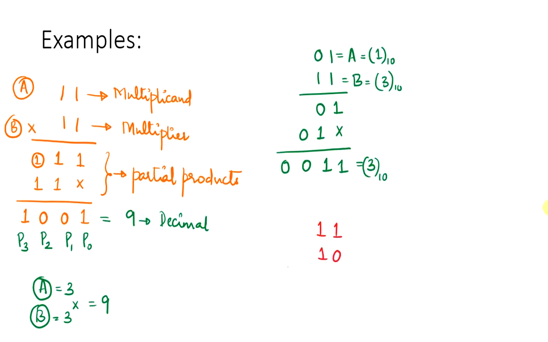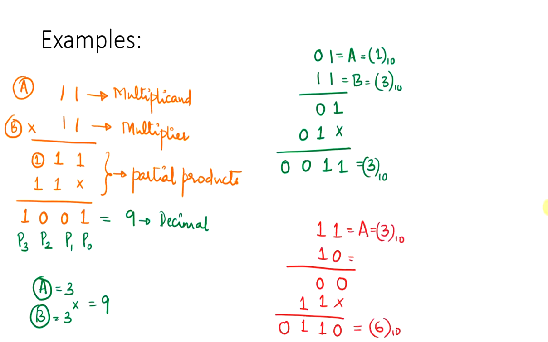Next example, 11 multiplied with 10. I get the end result as 0110, which is equal to 6 in decimal. So A is 3 and B is 2, and 3 into 2 is equal to 6.